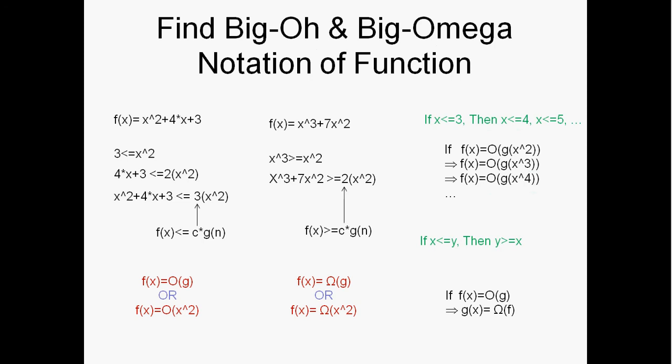Actually in the definition, they write that the function belongs to the order of function g, f belongs to order of g, but it has become a tradition that they have replaced belongs to with equal to. So we'll go on the same way, writing f equal to order of function g, but really we can write it as belongs to.